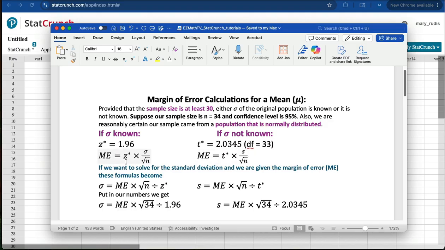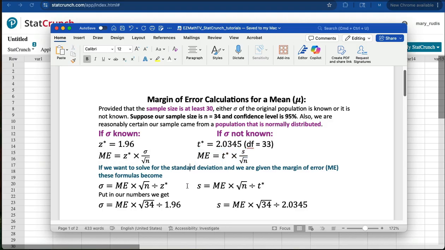One involves the critical T on the right. The other one involves the critical Z on the left. If we have a critical Z, we multiply that by sigma divided by the square root of n. If we do not know sigma, then we take our critical T value and multiply it by our sample standard deviation S divided by the square root of n. That's going to give us our margin of error.